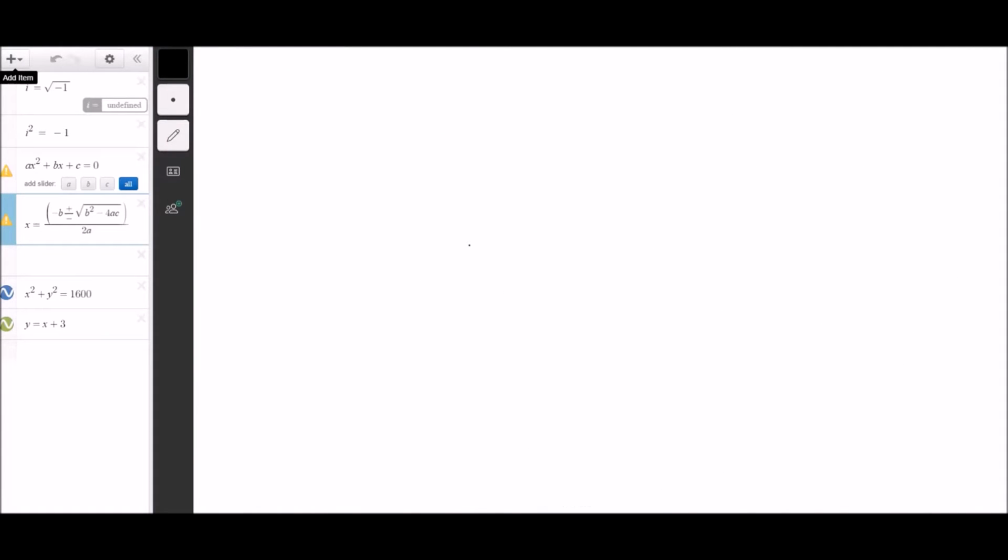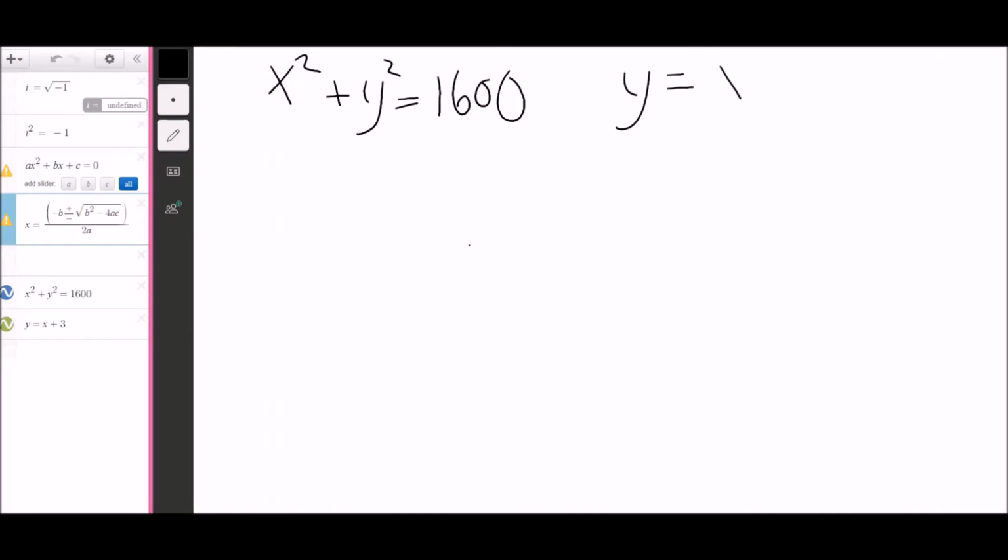Okay, if you have an equation like the last one we just did, but with fewer numbers, such as x squared plus y squared equals a number, and they gave you y, you need to plug in y to the equation.